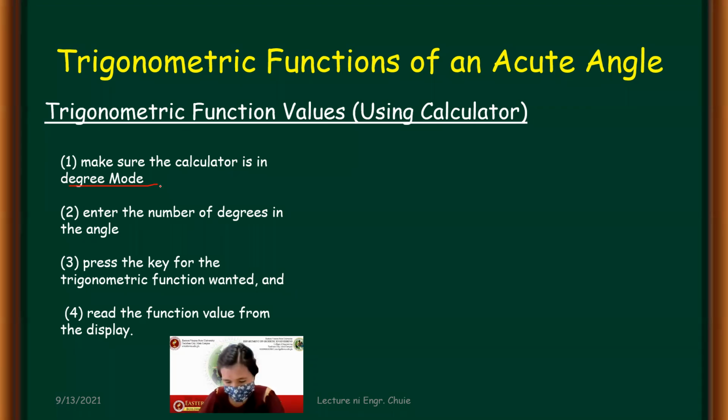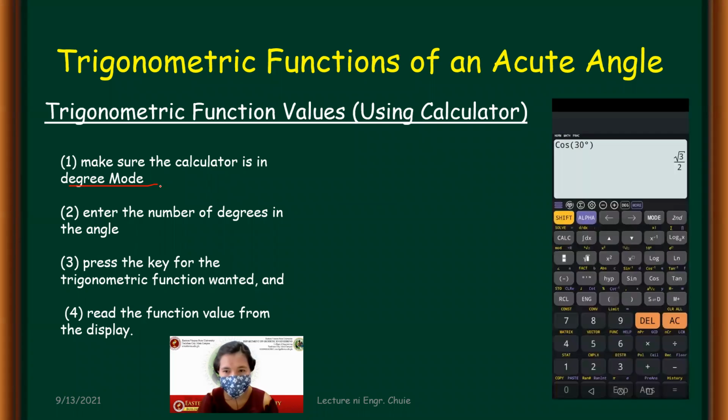Some students get the wrong answer because their calculator is in radian mode. There are two modes, either degree or radian, so you use the degree. I have an illustration. You take note of the degree mode of the calculator.